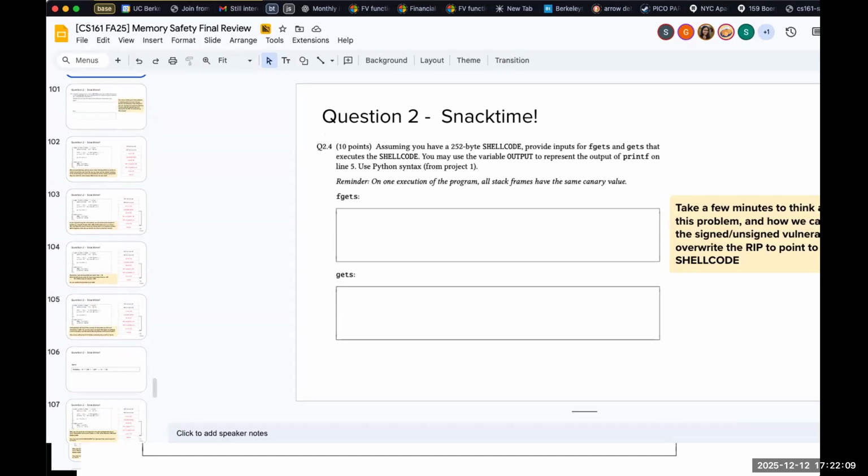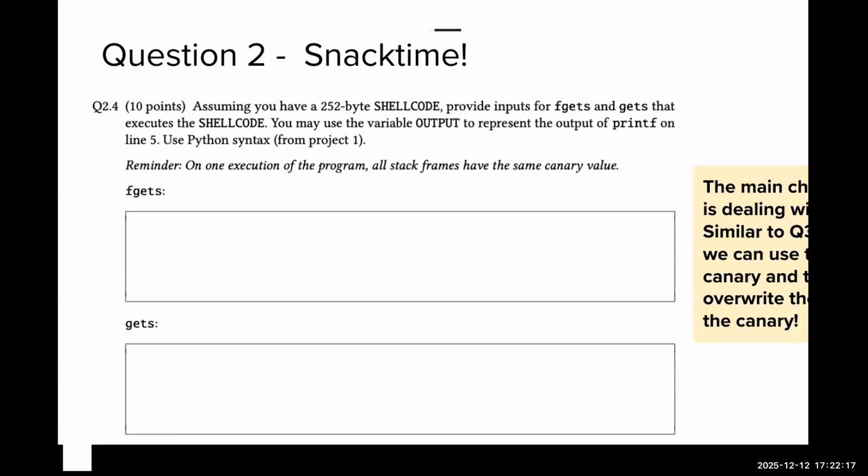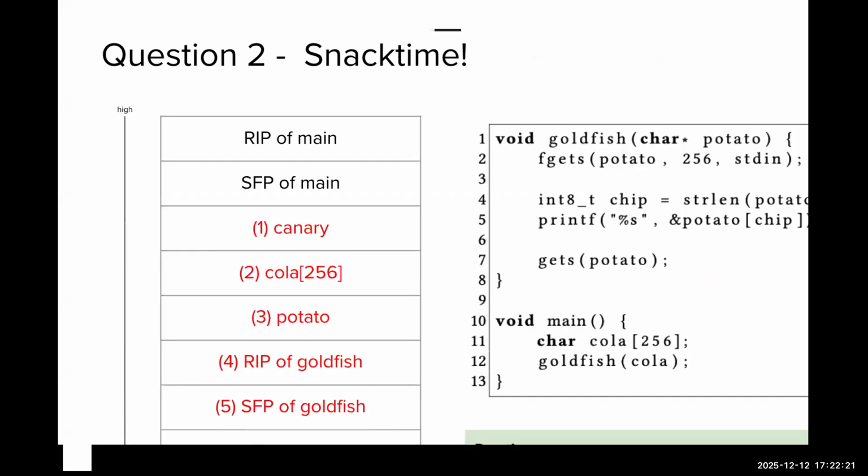Okay, before you start solving the problem, I'm going to talk about the idea of how we would approach this. The main problem in this stack is that there's a canary in the way, and we don't have the value of the canary.